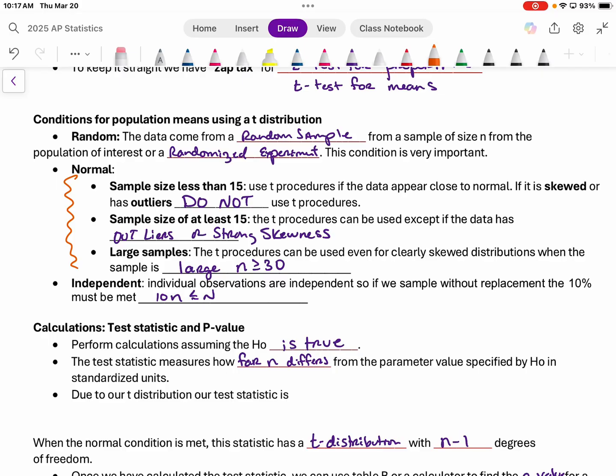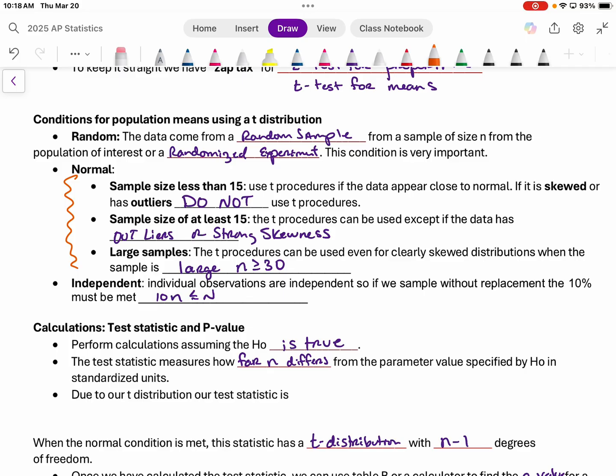If our sample size is at least 15, so 15 to 29, t procedures can be used except if the data has outliers or strong skewness. If it has slight skewness, it's okay. Strong skewness is a no-no.